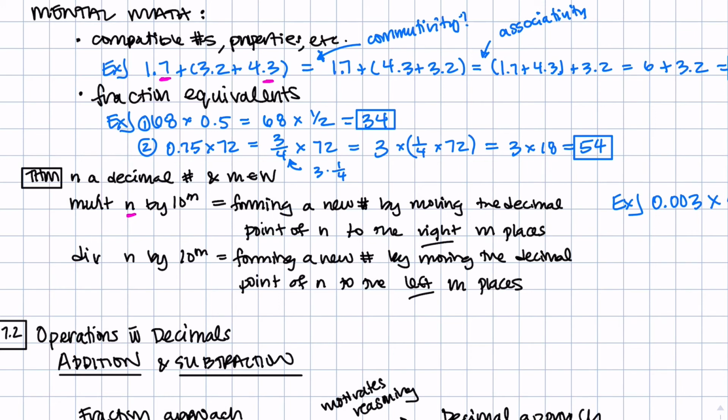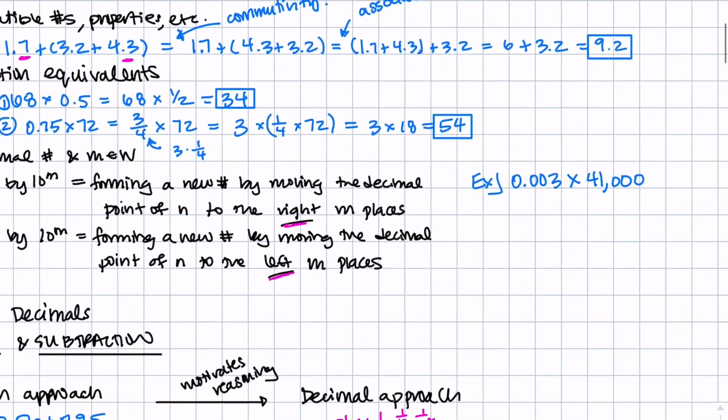If I divide by 10 to the m, and this is assuming m is some positive number, I should say, I move the decimal m places to the left.